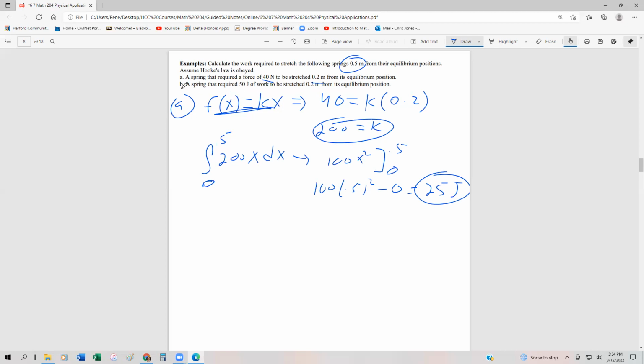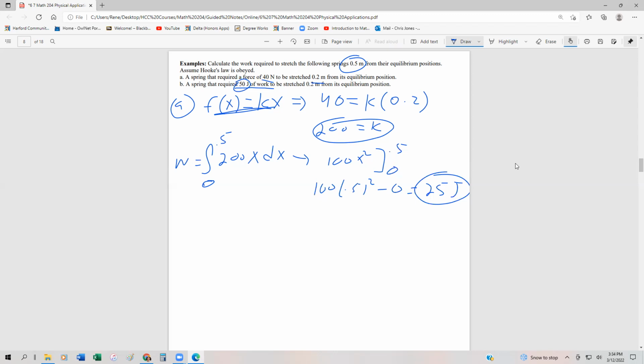Now, this is the sneakier one. This time we have a spring that requires 50 joules of work, and we're going to stretch it 0.2 meters. Now, in this case, our formula is the work is equal to the integral, but it actually gives us the work.